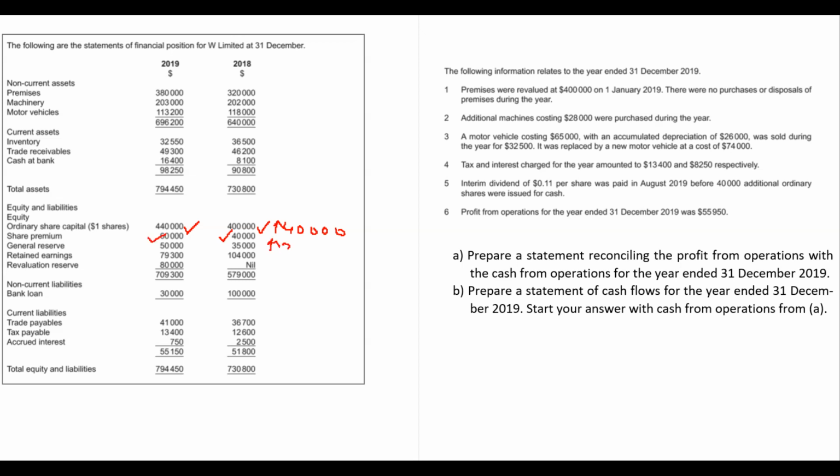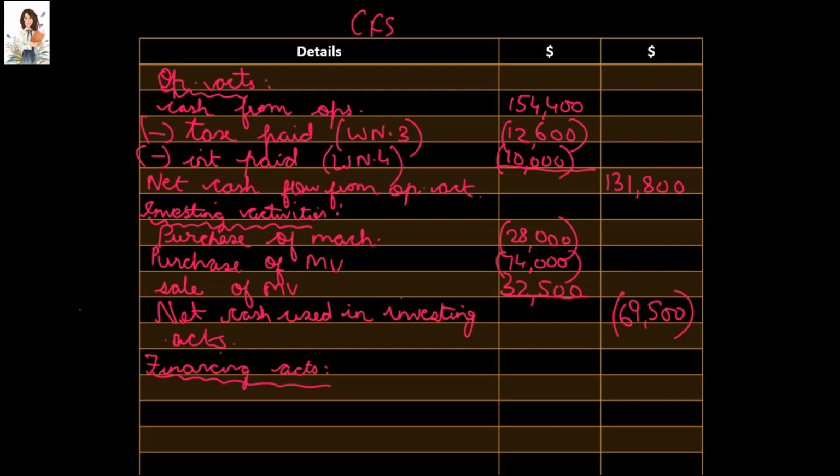So there is an increase of $20,000 in share premium account. We will add these two figures up and write receipts from issue of share capital. So receipts from issue of share capital is a cash inflow, and the amount is 40,000 plus 20,000, that is 60,000.